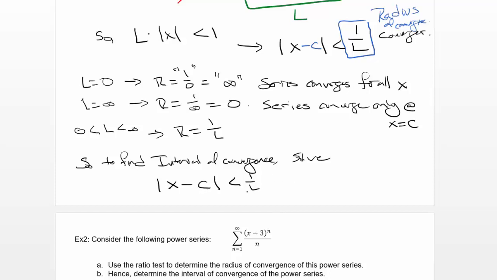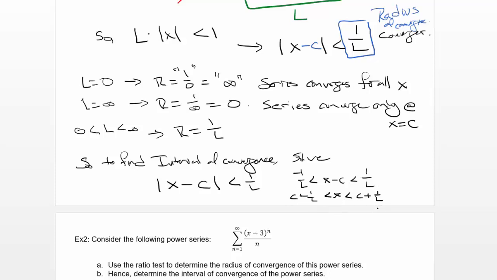Solving an absolute value inequality of this type of less than, this is the same as minus 1 over L is less than x minus the center is less than positive 1 over L. Or add c to all sides, so you get c minus the radius of convergence is less than the x's I'm allowed to choose, which is less than c plus the radius of convergence. This interval would be what the series was guaranteed to converge at.